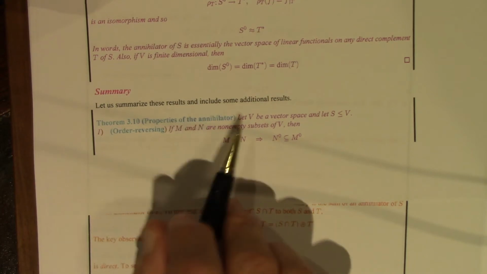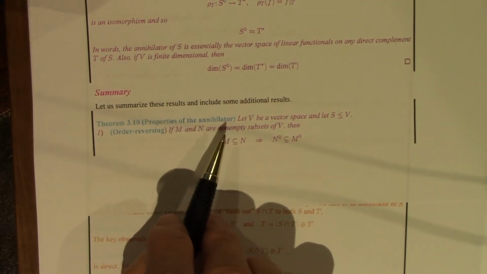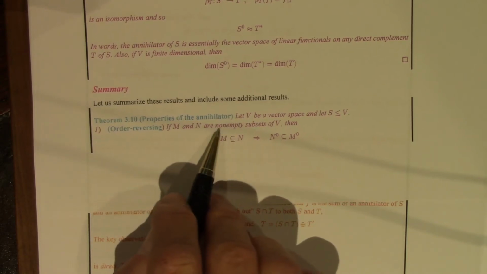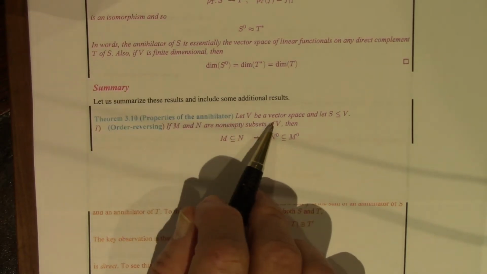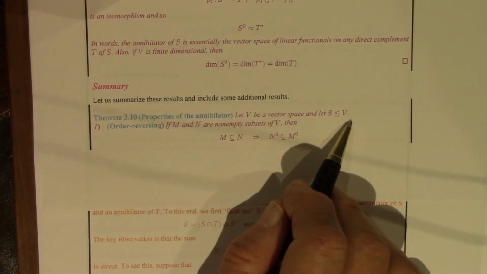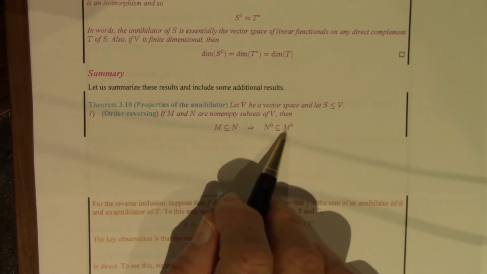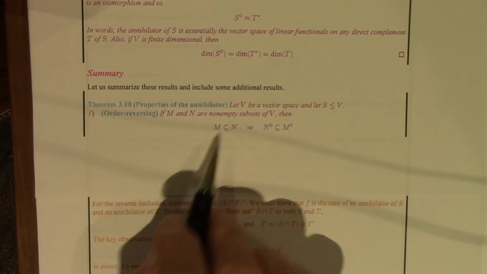Here is a summary of results on the annihilator, and actually some additional results as well, properties of the annihilator. So V is a vector space, and S is a subspace of V. Taking the annihilator is order reversing.